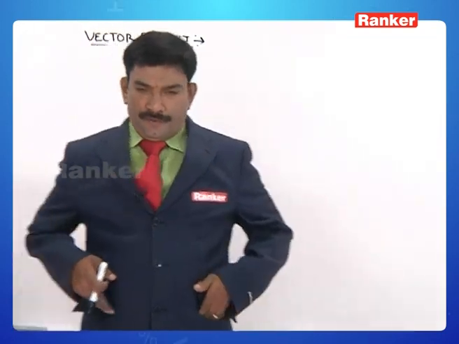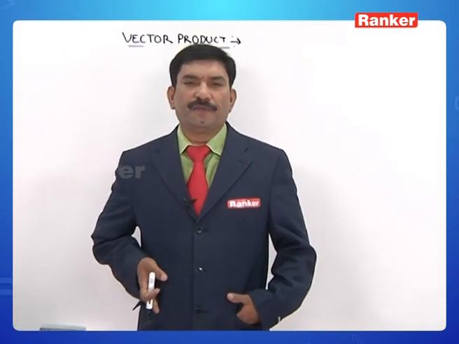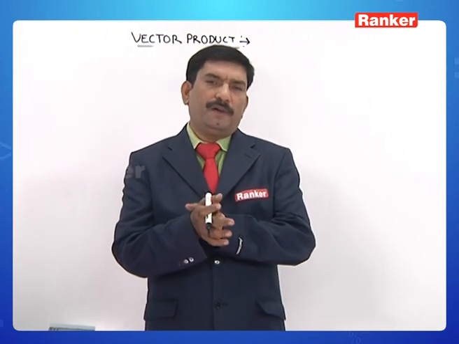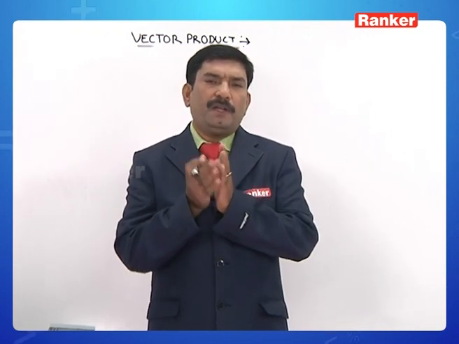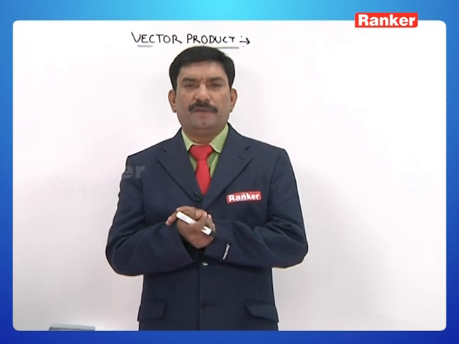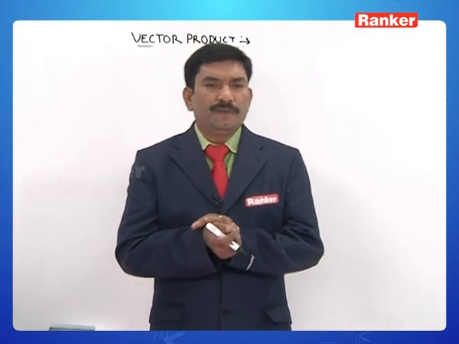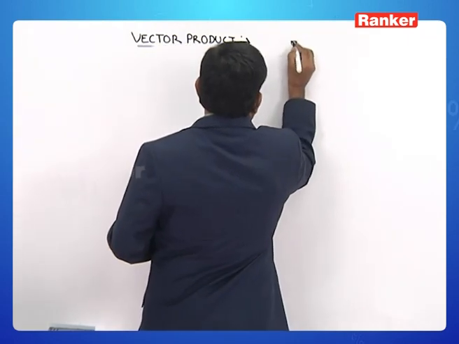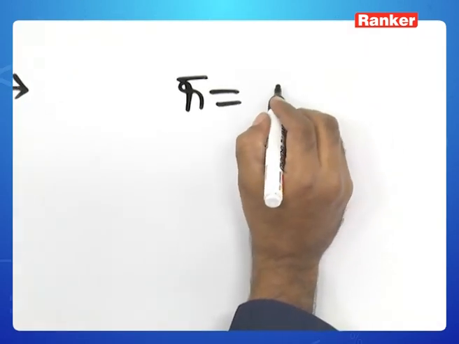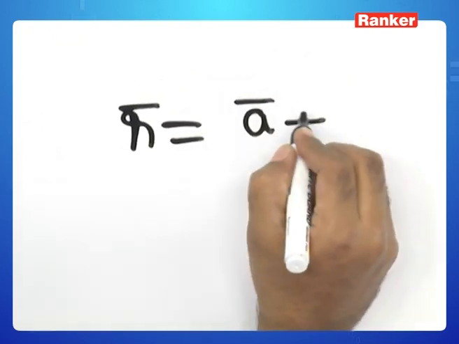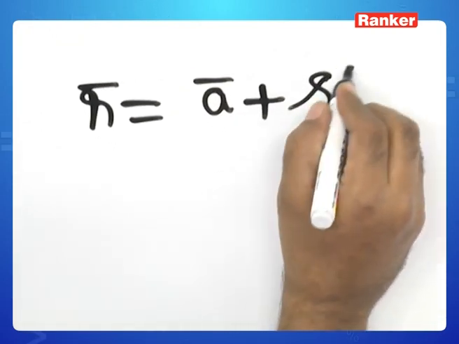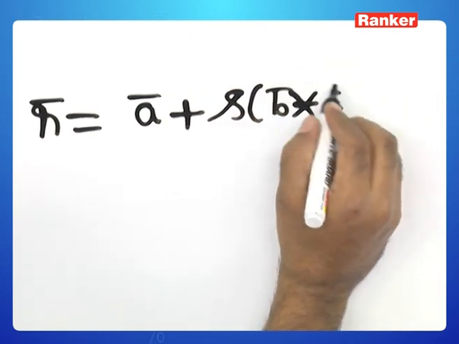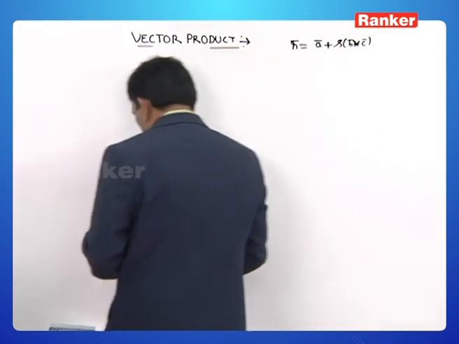Let us find the equation of a straight line passing through the point A bar and perpendicular to B bar and C bar. In terms of R bar, A bar, B bar, C bar, it is given by R bar equals A bar plus S into B bar cross C bar.